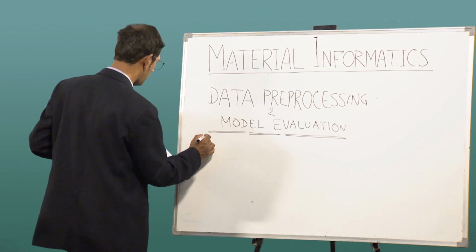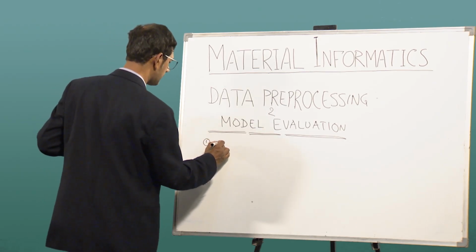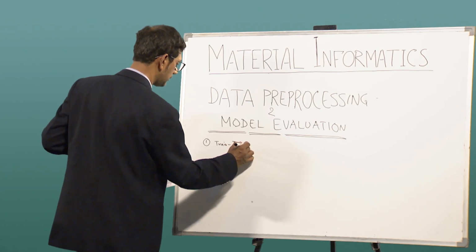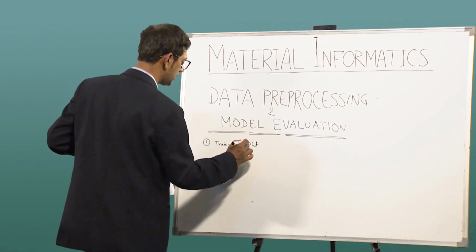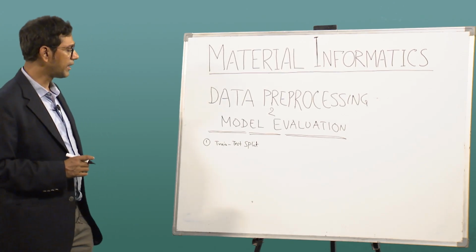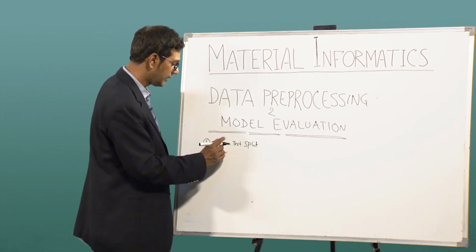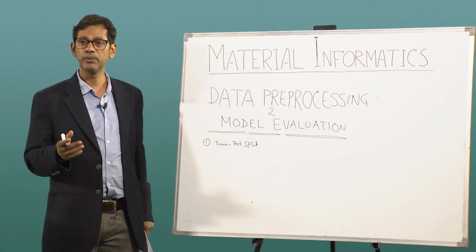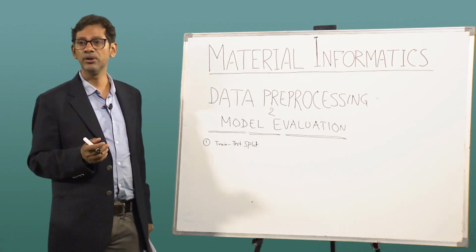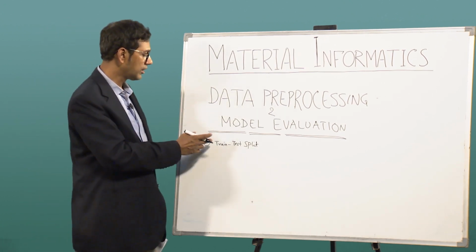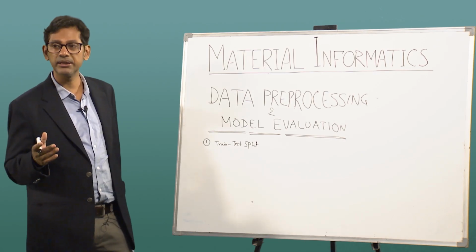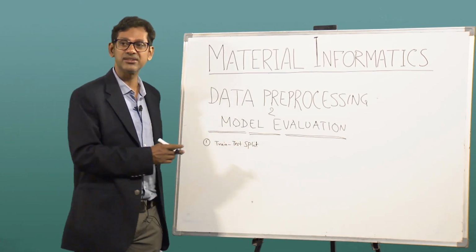First aspect is called train and test split. If you have data, you have to train the model first. Simply like the way you get trained in childhood to do some kinds of things, the model needs to get trained. When the model is trained, you should know that it has been trained properly, so you do some test on the model.